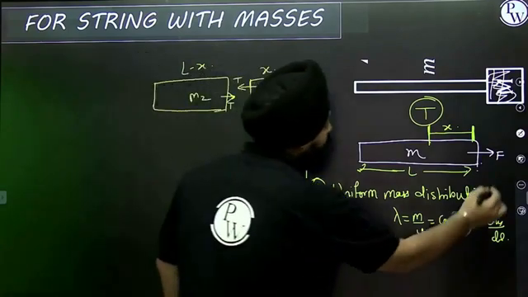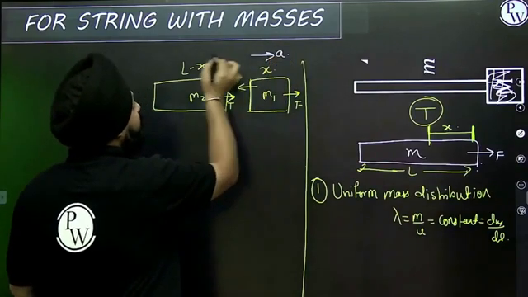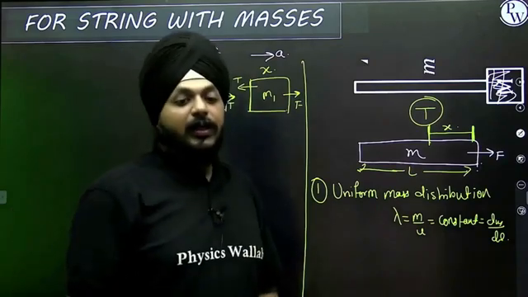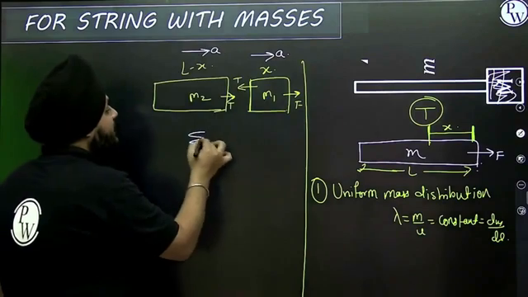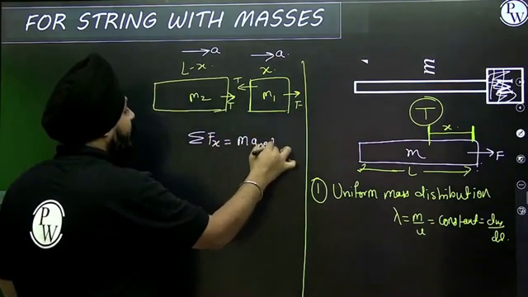What will be the direction of the net acceleration? According to the conditions of equilibrium of forces, the direction of the net acceleration will be in this direction. We have the acceleration in the x direction. It means the summation of all forces along it will be m into a net.